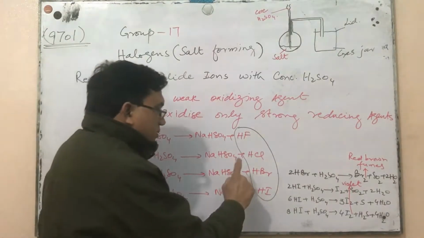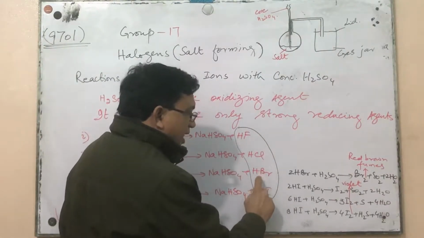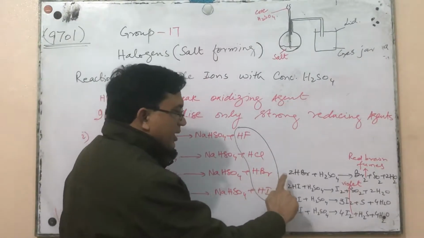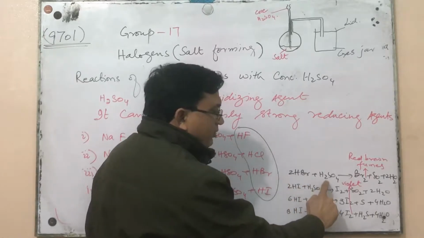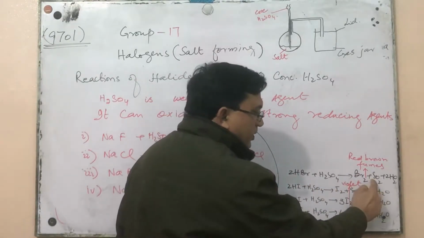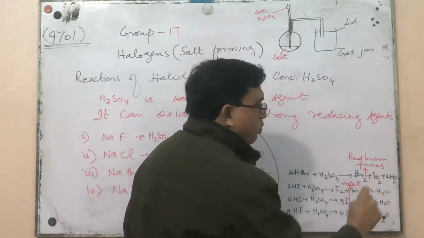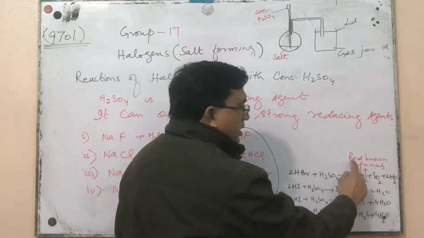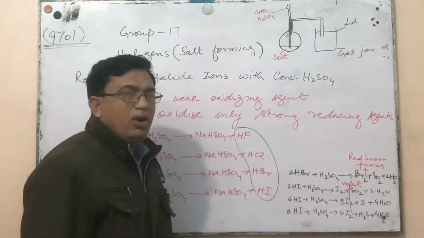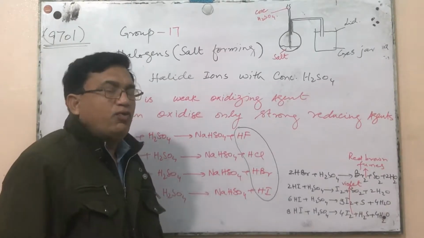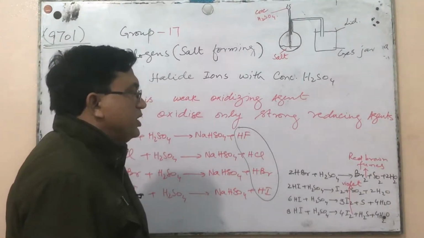So sulfuric acid can further oxidize this HBr, and HBr on reacting with sulfuric acid produces bromine gas, sulfur dioxide gas and water. And bromine gas comes out in the form of red-brown fumes, a very significant colored fume that we will observe.